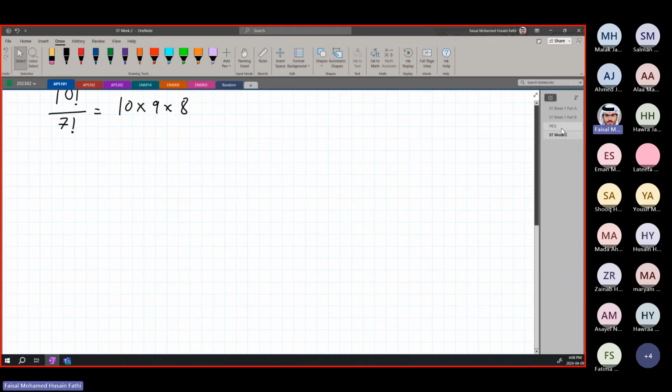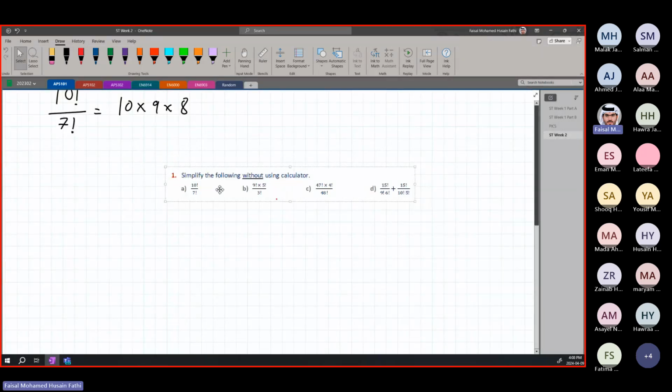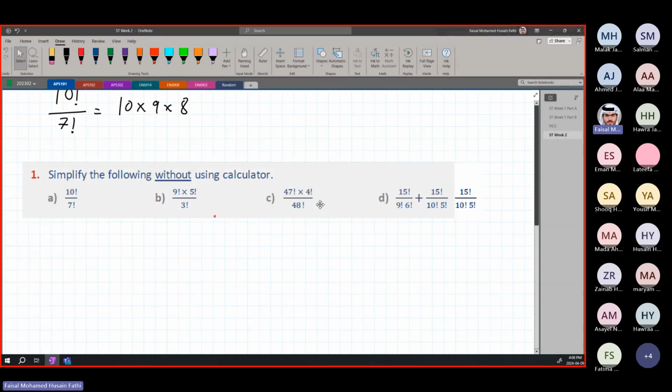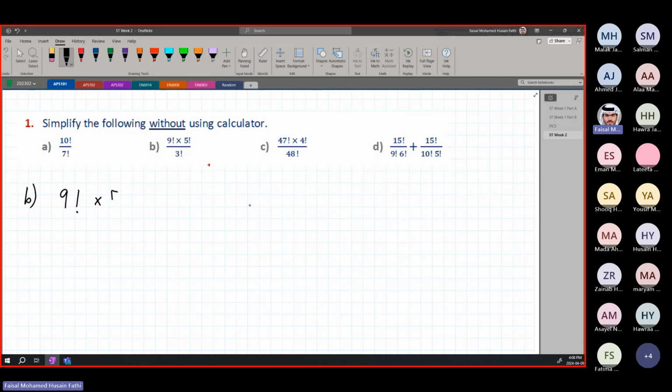Let's start looking at the questions. These are the basic rules when it comes to factorials, and we will start solving as we go along. So part A was the one I just solved. Part B says 9 factorial times 5 factorial over 3 factorial, all right? So what can we do?